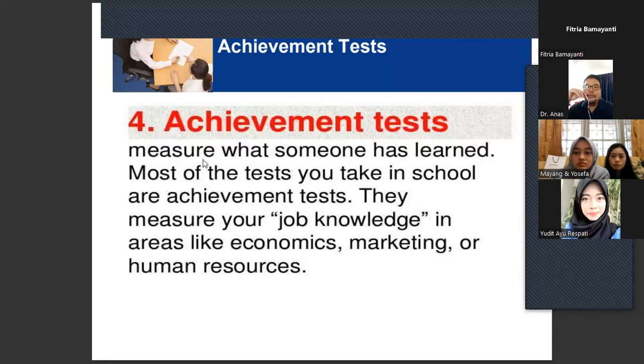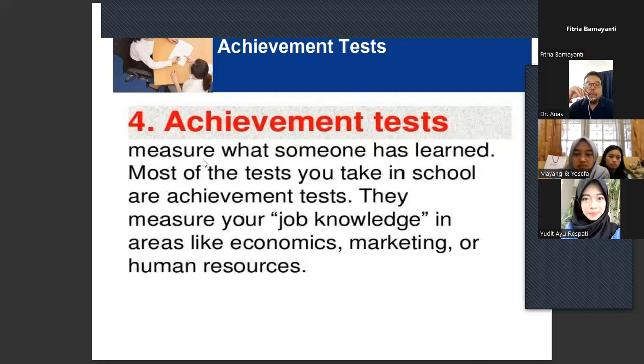Maybe you show your achievement as the chairman or president of a student club, for example, or as a committee member in a student club.